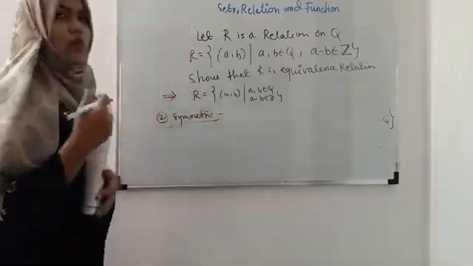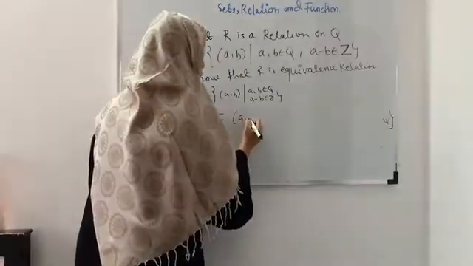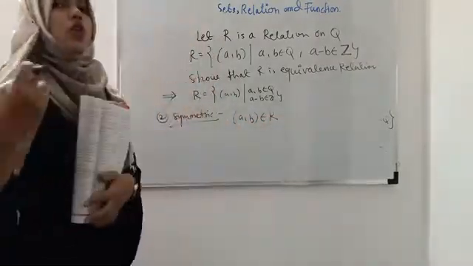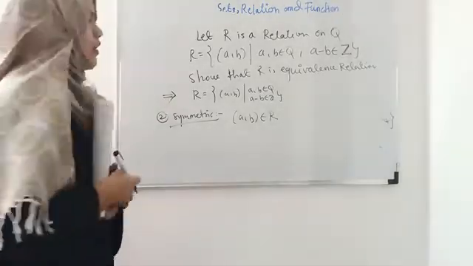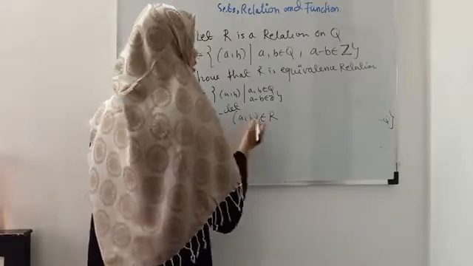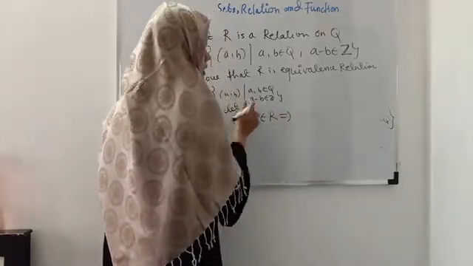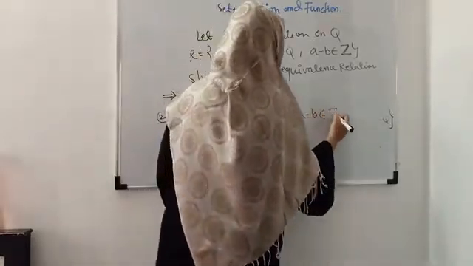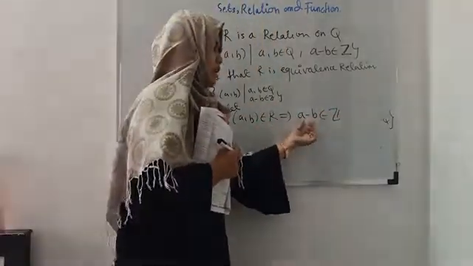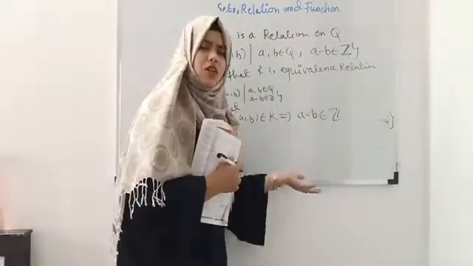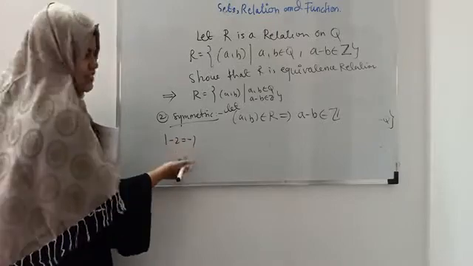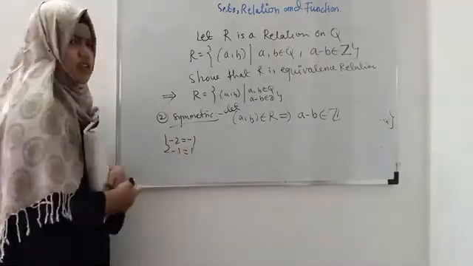We have to take one element: suppose (a, b) belongs to R, and we have to show (b, a) also belongs to R. So let (a, b) belong to R. That means a minus b must be an integer. If a minus b is an integer, then b minus a will also be an integer. Like this: 1 minus 2 is minus 1, which is an integer, so 2 minus 1 is also an integer.